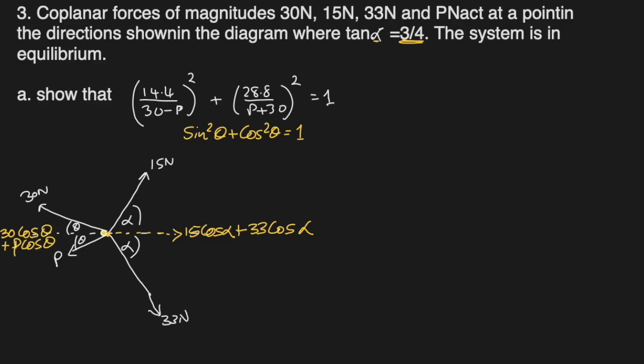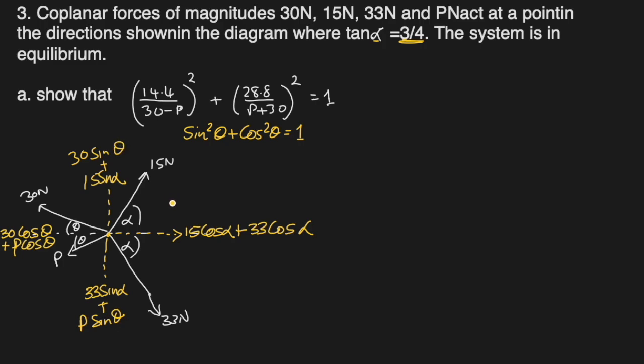Because angles are with this x direction force, so all of them are cosines. That means the others will be sine vertically. So this will be 33 sine alpha plus p sine theta. Here this component of this 15 will be 15 sine alpha and it will be 30 sine theta.